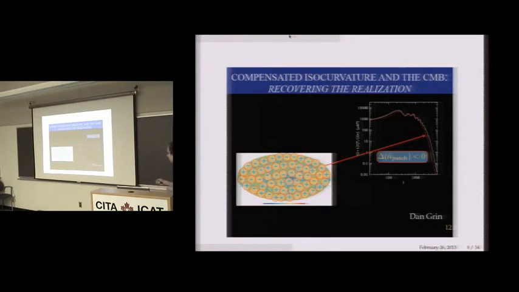You could look at another patch where you had more baryons. Diffusion gets pushed to higher scales. The peaks shift, but in the opposite direction. So you could construct an estimator for the isocurvature perturbations by basically looking not at the power spectrum of the entire CMB map, but at it in little patches and looking for this change in the shape.